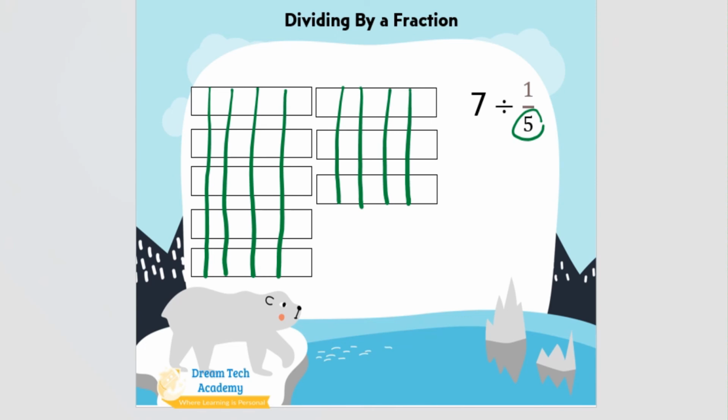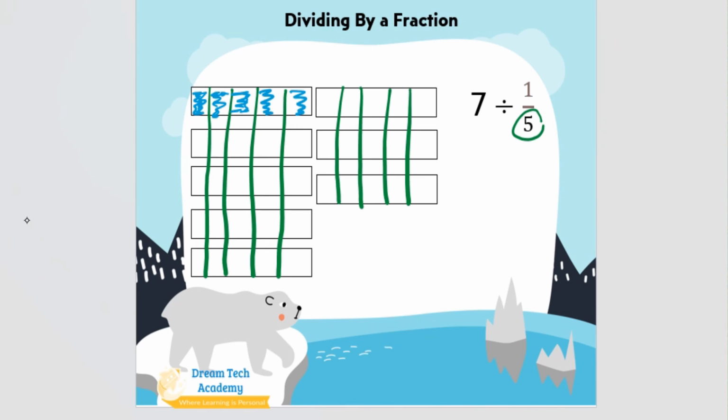Okay, so now I need to pull 1/5 from each whole. So here's 1/5, that's 1 out of 5 pieces. Here's another 1/5, 1 out of 5 pieces, and another 1/5, and another, and another.